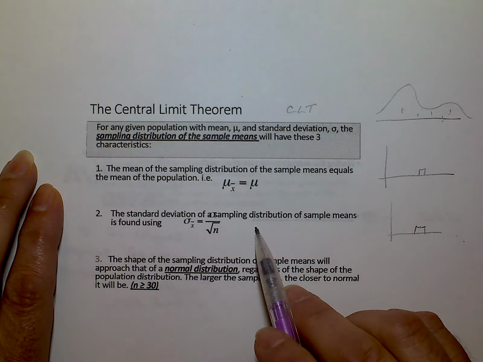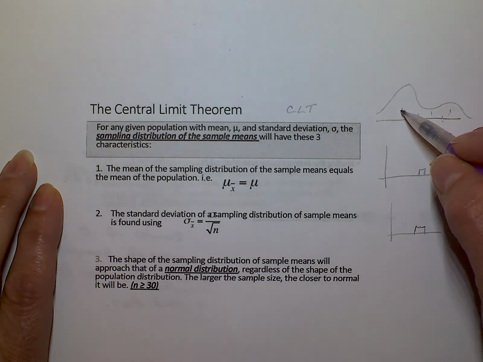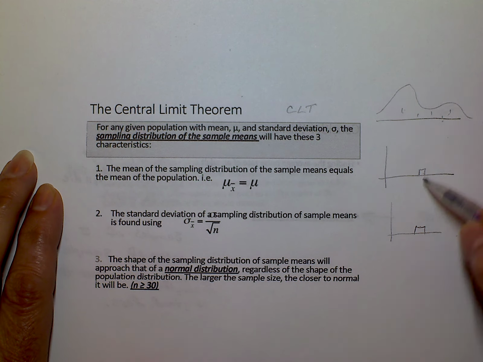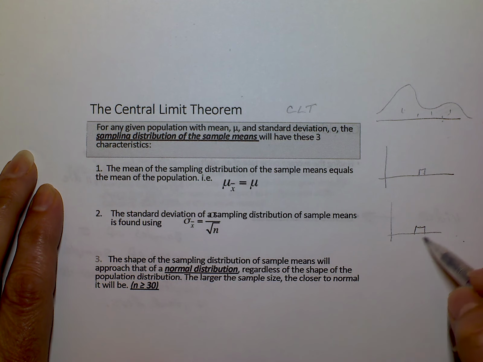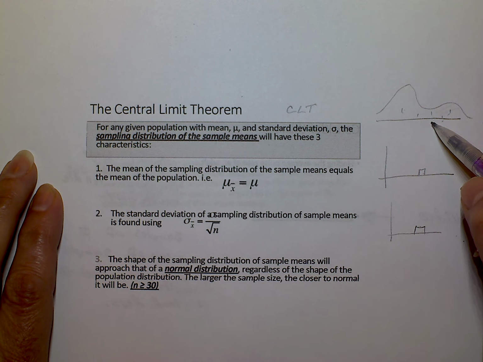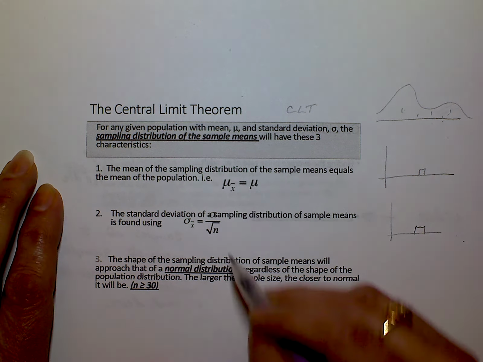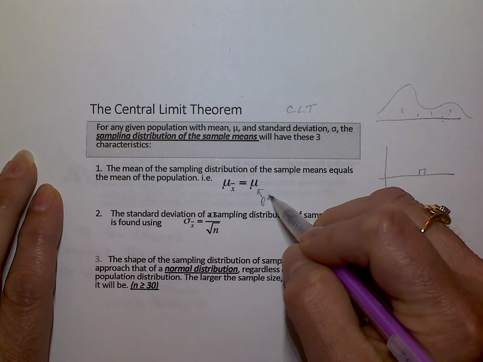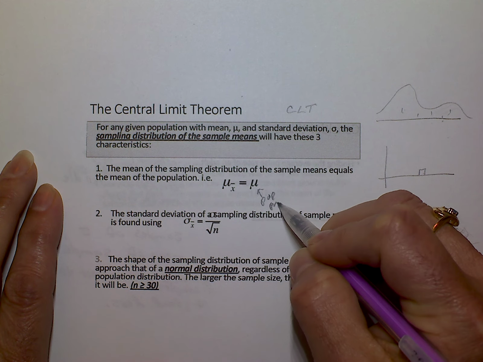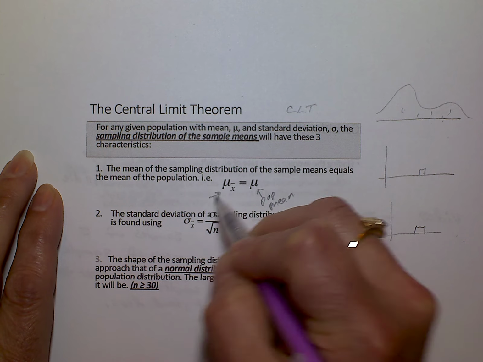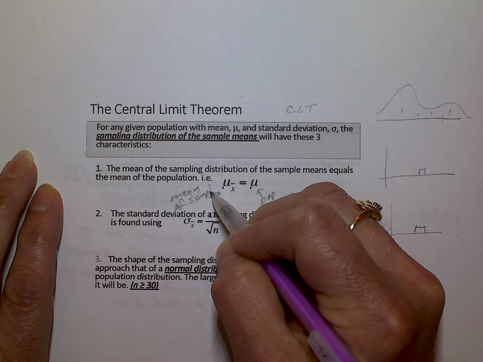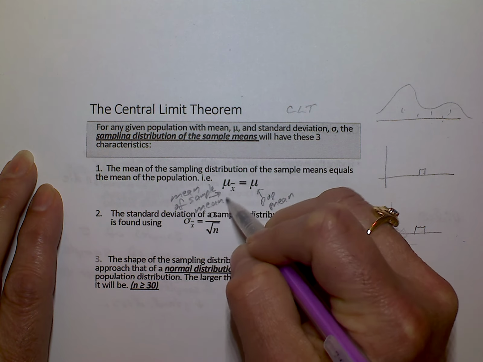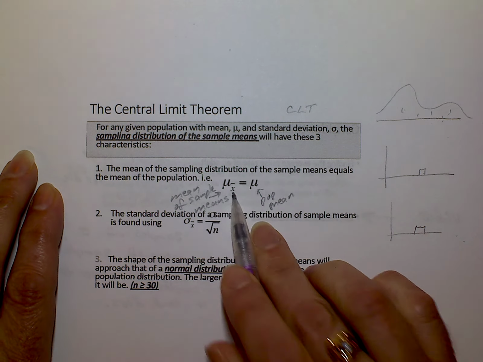So in English, that means when we took this sample and we found the means, the mean of the samples was the same as the mean for the population. So this is the mean of the population, and this is the mean of the sample means. And again, that's called mu sub x bar.